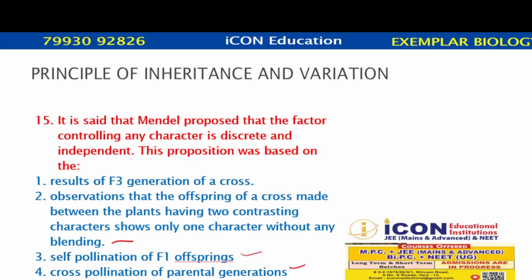So, what is our answer here? Observations that the offspring of a cross made between the plants having two contrasting characters shows only one character without any blending.